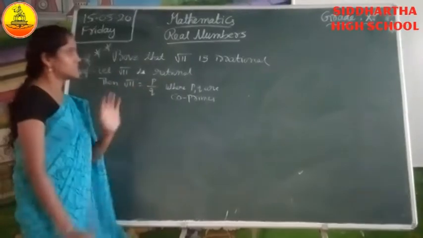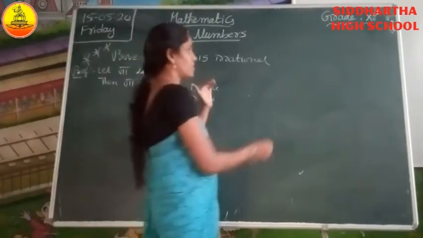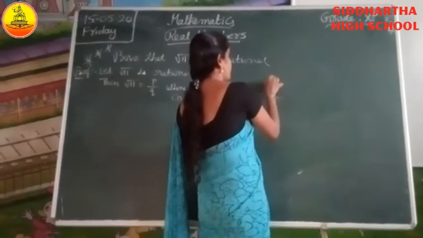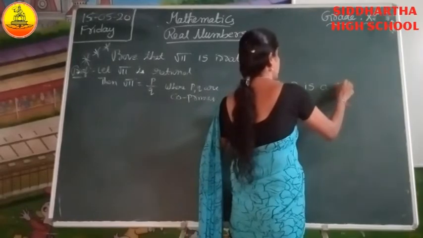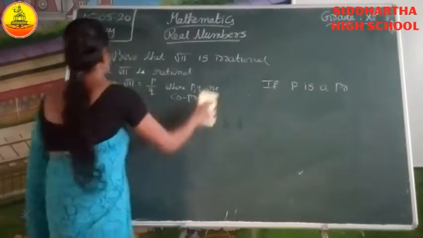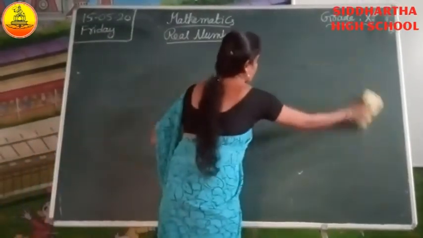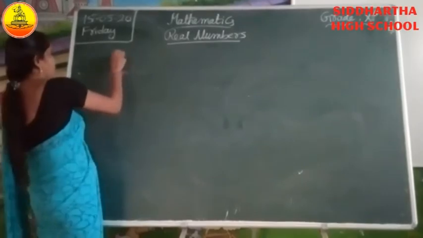Before going to discuss this sum, we have one theorem. What is that theorem? Let us just watch. First we will discuss this theorem, later we will start the sum. What is the theorem?